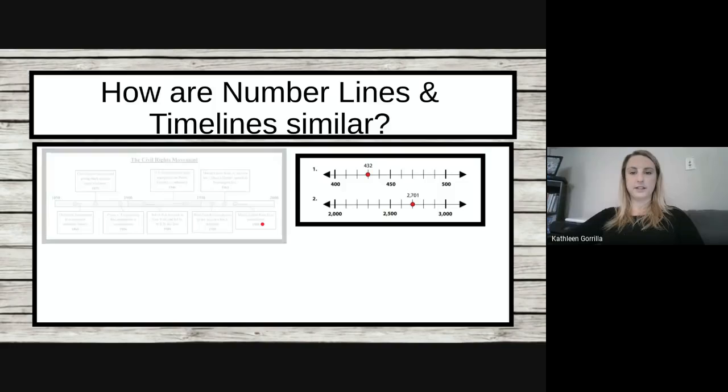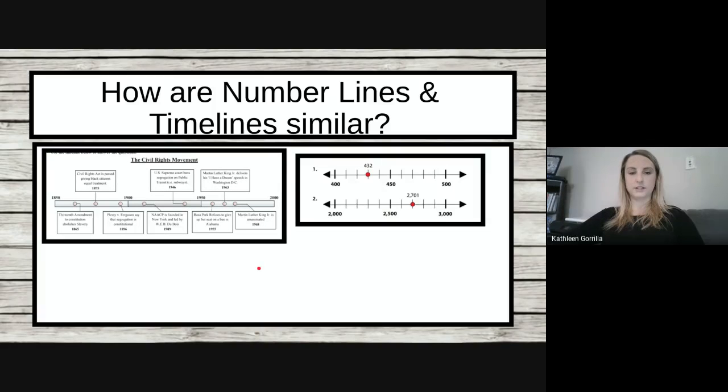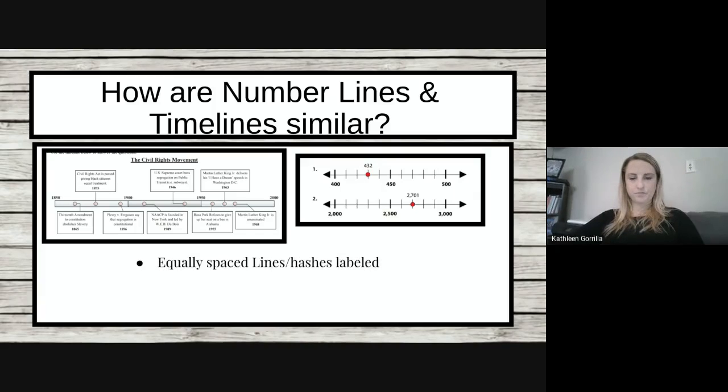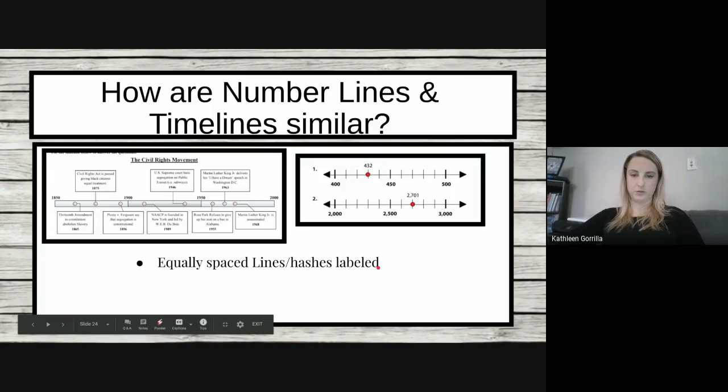So how are they similar? What do you notice? Take a look at the timeline, take a look at the number line. Start to think to yourself, what are some of the things that you notice are similar between the two? I noticed that they have equally spaced lines, or hashes, that are labeled.